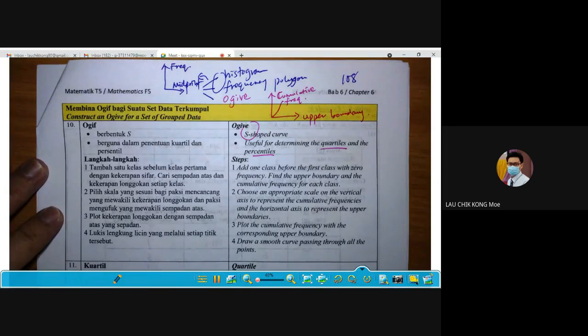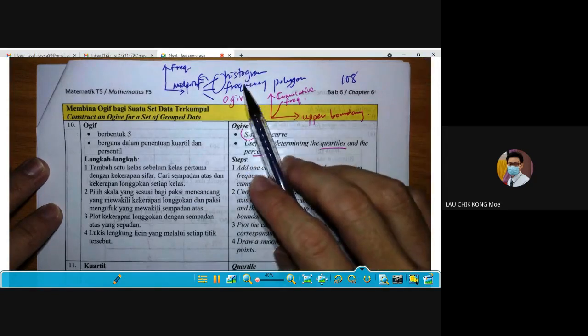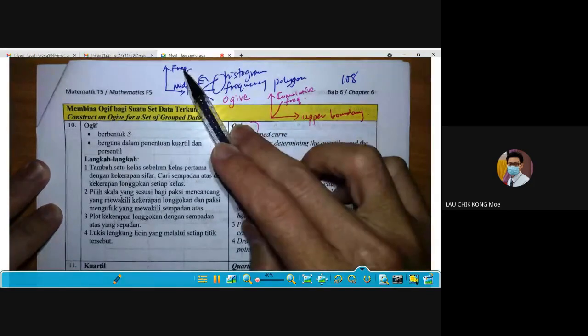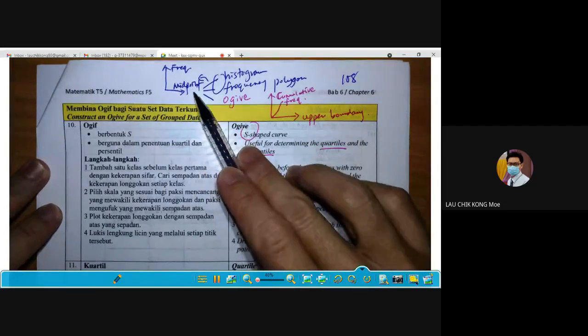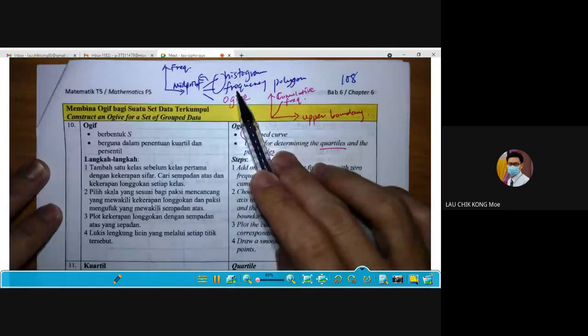In this topic, we have three types of graph we need to know how to draw. Number one is histogram. Number two is a frequency polygon. These two types of graph, we draw frequency against midpoint. This is histogram and frequency polygon.